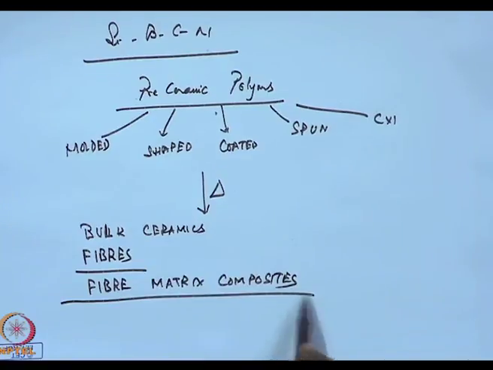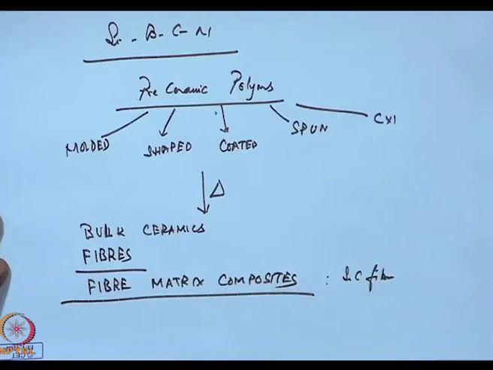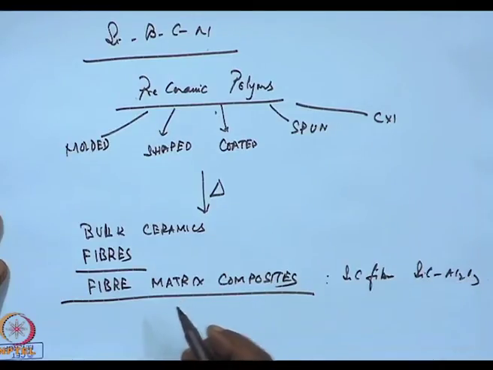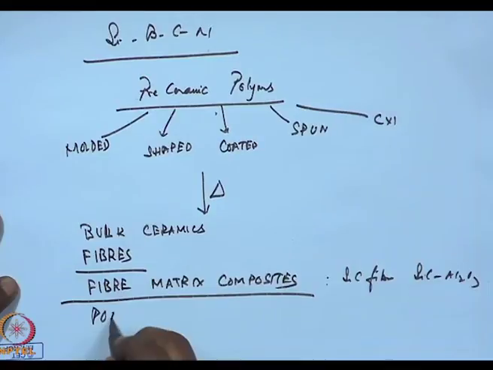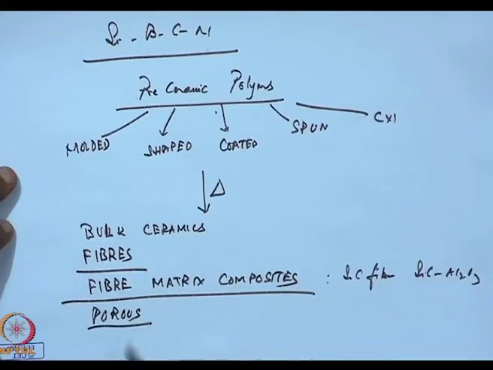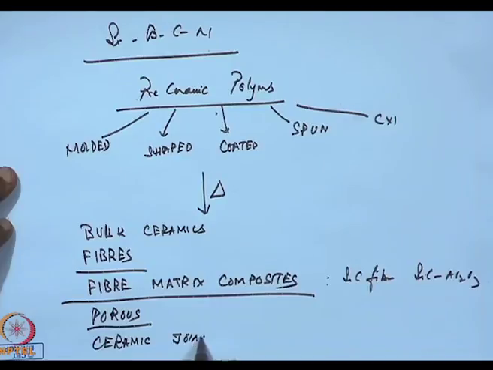So now by this process you can generate silicon carbide fibers and you can have far better SiC Al2O3 fiber matrix composites, and porous media, obviously, because you take these silicon carbide fibers, weave them, pyrolyze them, and you have got a very big porous media. This is very important. Ceramic joining, ceramic joints, yes, ceramic joints.